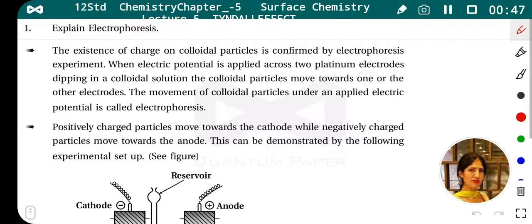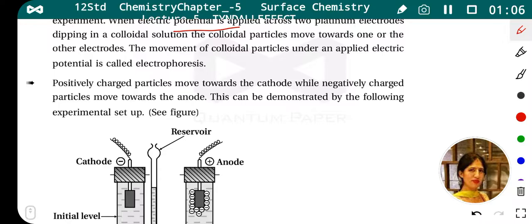Now what is happening in this experiment? See, this colloidal solution is negatively charged. When an electric potential is applied across two platinum electrodes, one setup has been taken, you can check it here in the experiment, two platinum electrodes are taken and they are dipped in a colloidal solution.